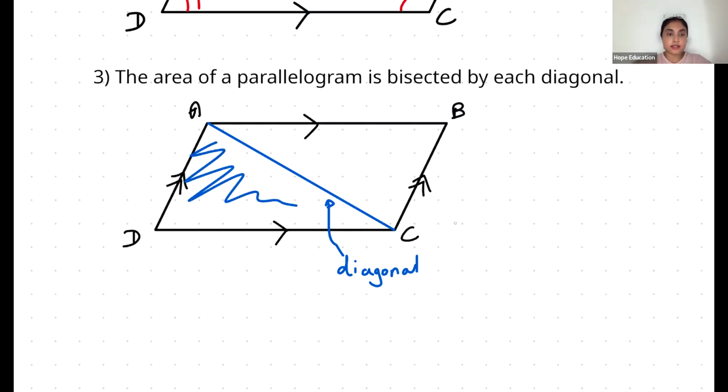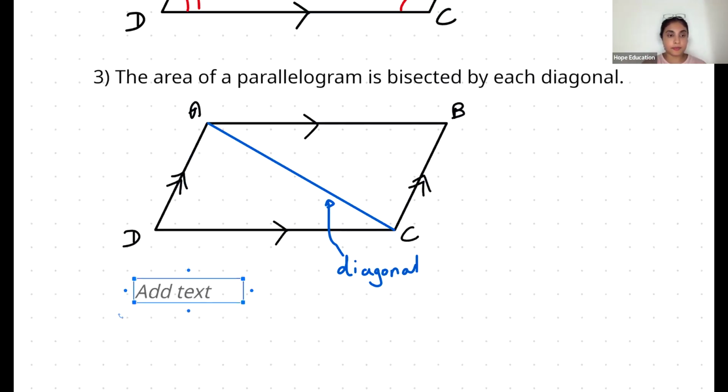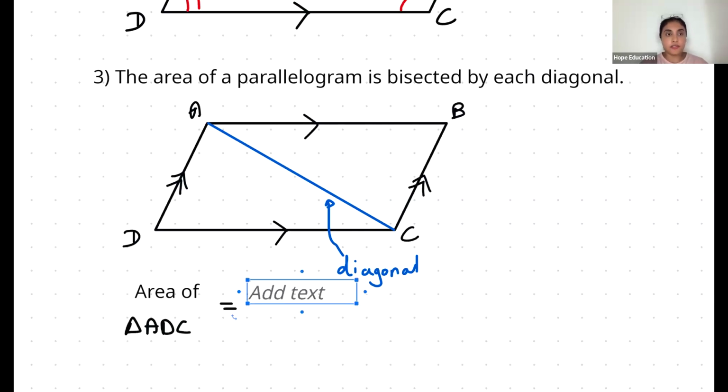We can write it like this: area of triangle ADC is equal to area of triangle ABC. This is what we mean when we say the area of a parallelogram is bisected by each diagonal.